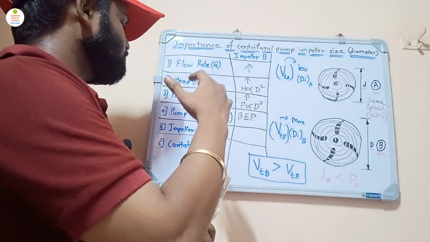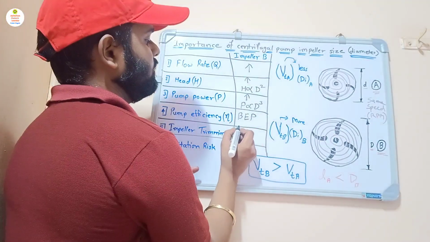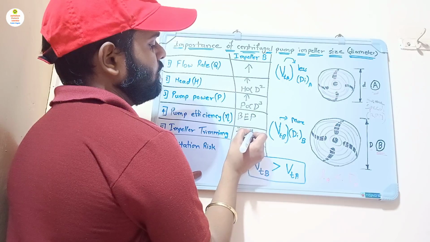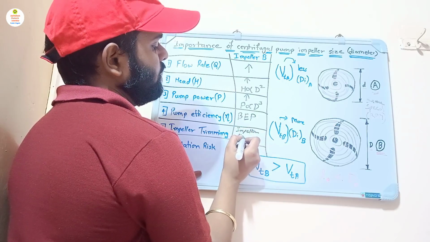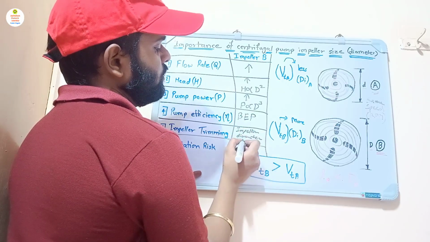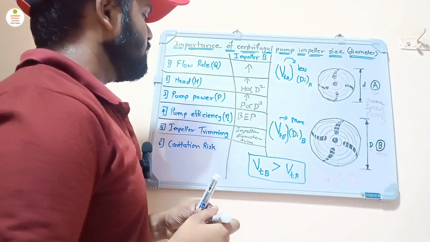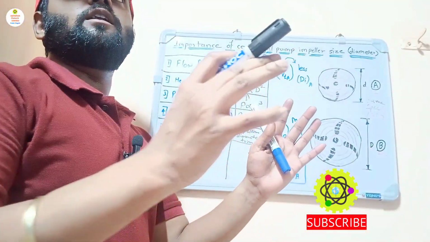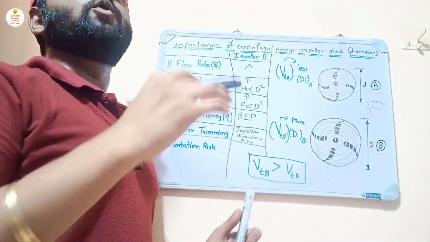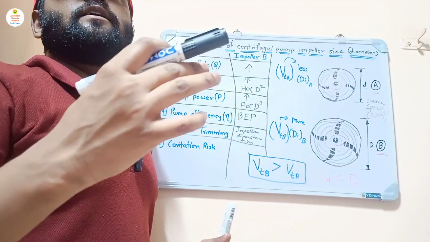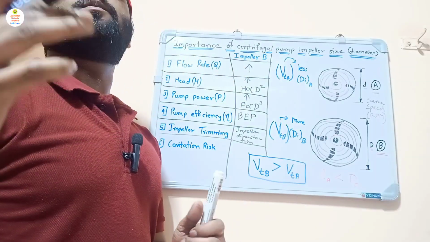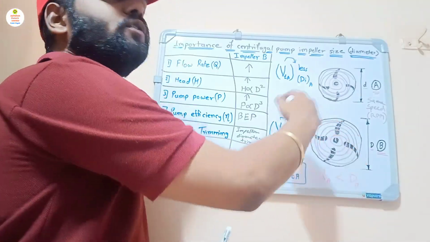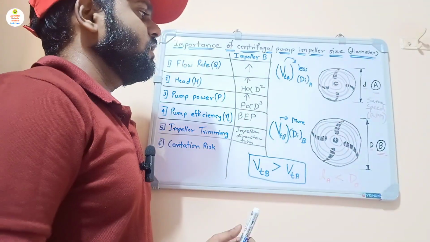That is impeller diameter trimming. Manufacturers keep their pump model the same, and to meet the flow and head requirements of the process, they trim the impeller diameter or reduce the size of the impeller.